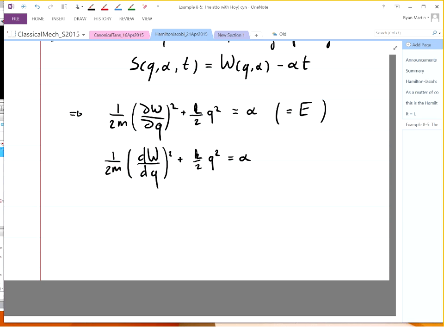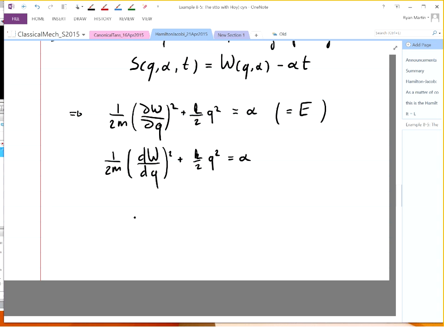So now that it's a total differential, it's not a partial differential equation anymore, it's an ordinary differential equation. And it's a particularly easy one.